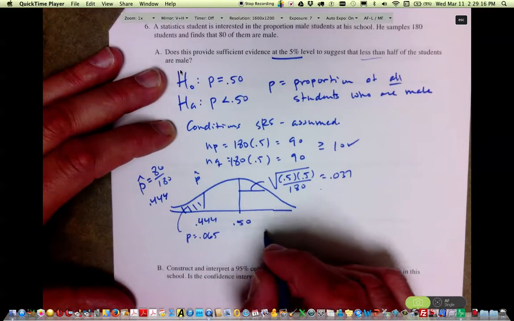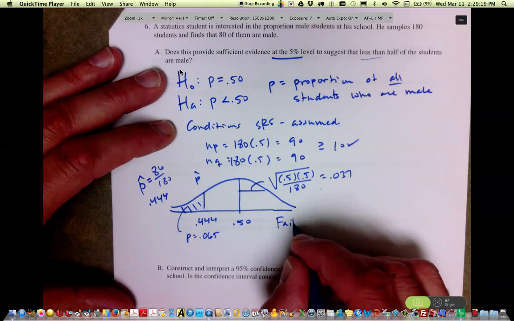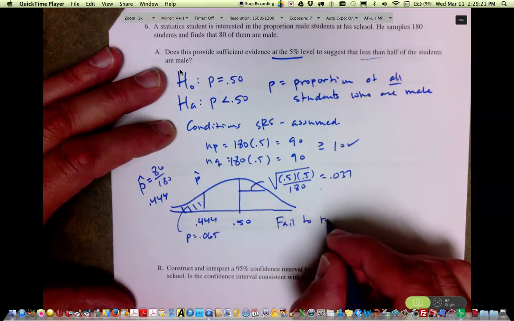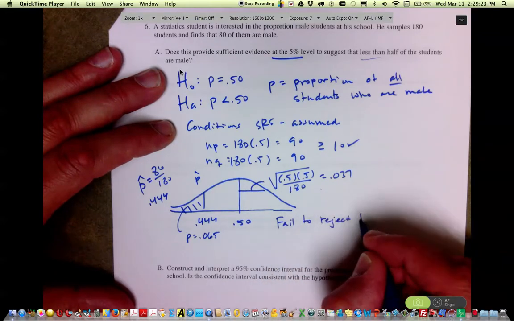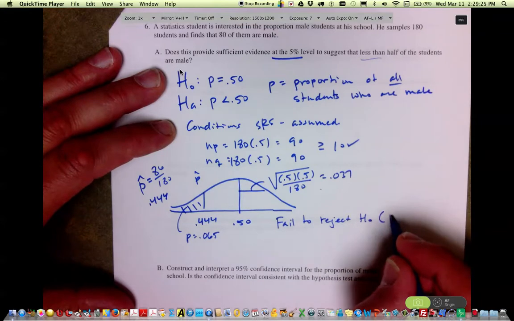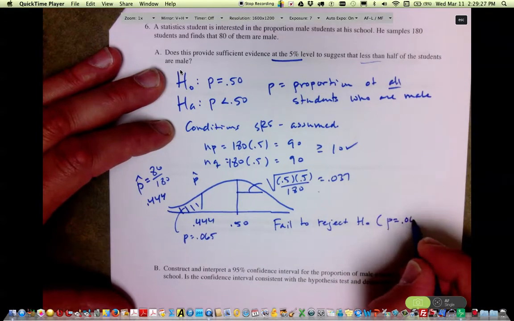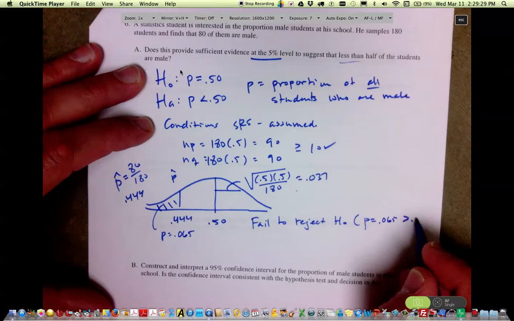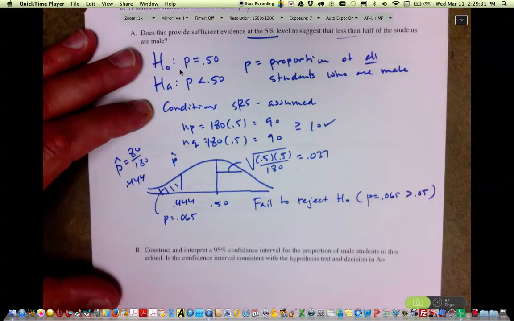So our decision is to fail to reject the null hypothesis. The reason is the p-value is 0.065, and that's bigger than our line in the sand of 5%.